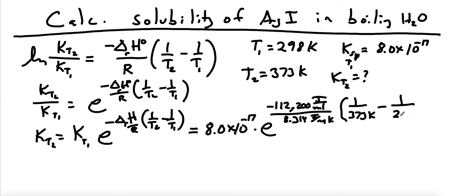And now we can check our units. So on the bottom of our fraction, we have reciprocal kelvins. And then over here, on this difference area, we have reciprocal kelvins. And so the reciprocal kelvins are going to cancel. And then we've got joules on the top and the bottom.